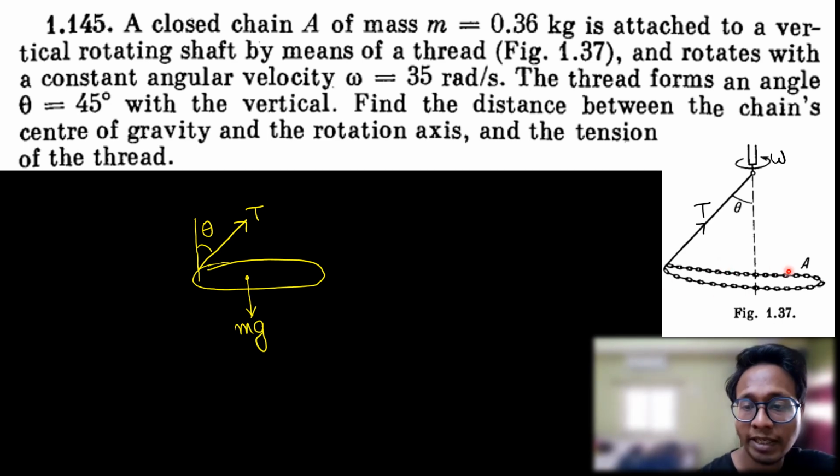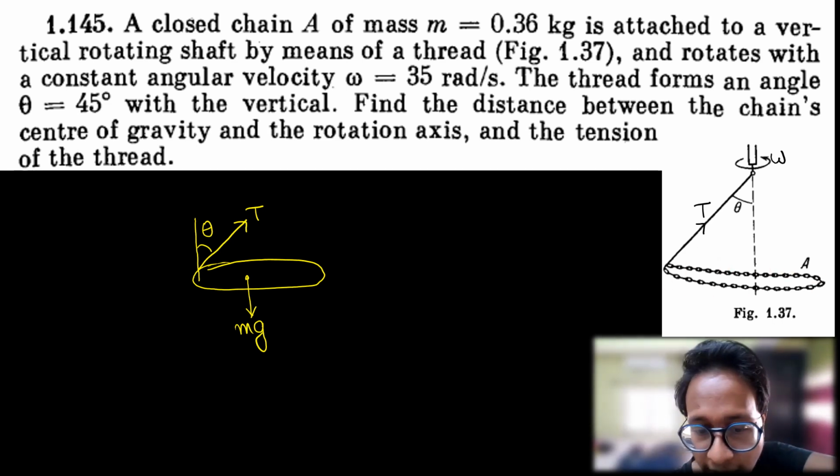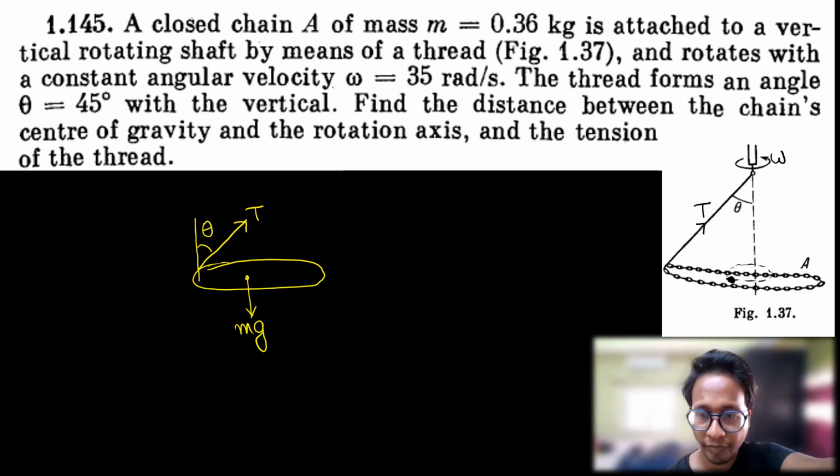That means what is happening, the center of mass of this chain is somewhere around here, and this center of mass is rotating like this. Understood? And what is causing this center of mass of this chain to rotate? The horizontal component of this tension force.